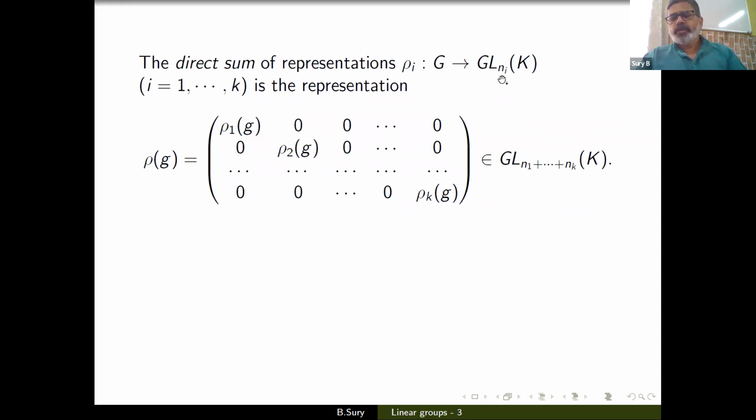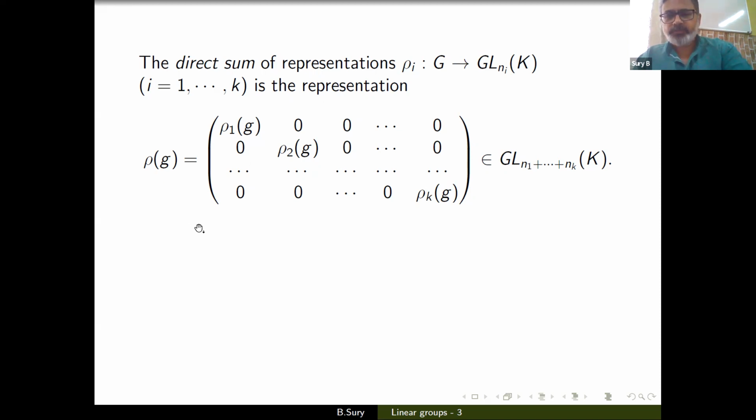So what does direct sum of representations mean? Rho 1 is represented by an n1 cross n1 matrix, an n1-dimensional representation. Rho 2 is an n2-dimensional representation. Then you can make a representation of dimension n1 plus n2 plus up to nk by putting blocks: rho 1 of G is an n1 cross n1 block, then an n2 cross n2 block, etc. The size is n1 plus n2 plus nk cross n1 plus n2 plus nk.